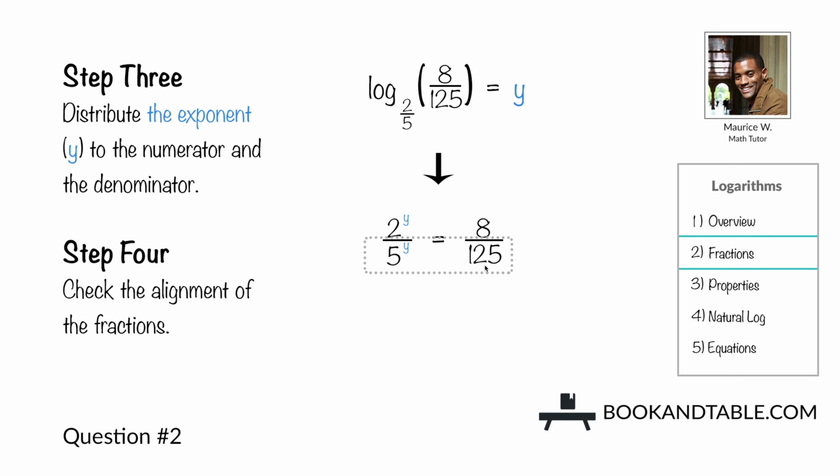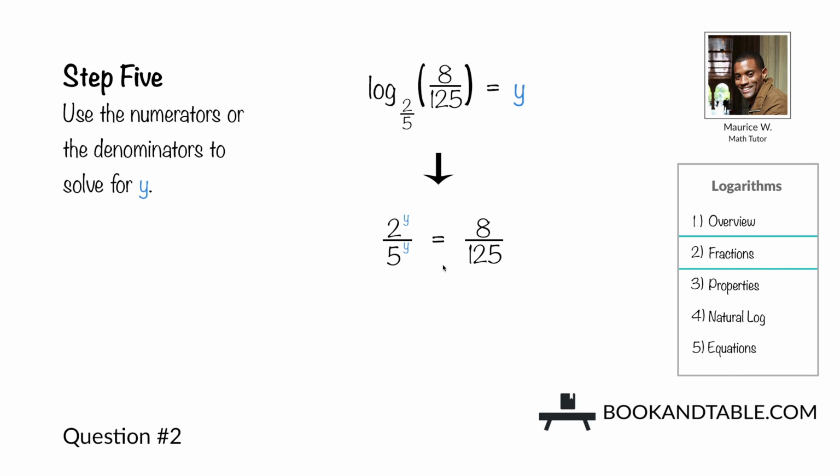So once we check the alignment of the fractions, step 5 is to use the numerators or the denominators to solve for y. If you chose to use the numerators, you would have gotten 2 to a power of y is equal to 8. And 2 times 2 times 2 is equal to 8, showing us that y is equal to 3.